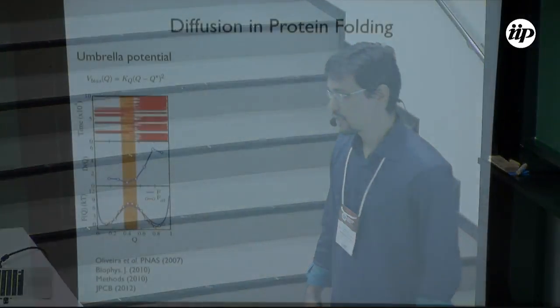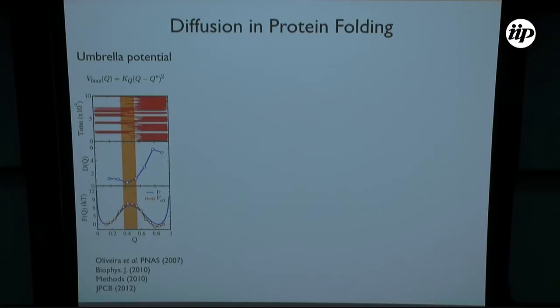What we did was implement an umbrella potential in our simulation. So we restrict the configurational space around a Q at which we want to calculate the diffusion. Then we can calculate D(Q) at specific points of the reaction coordinate.